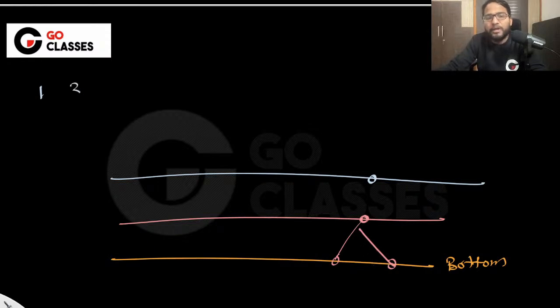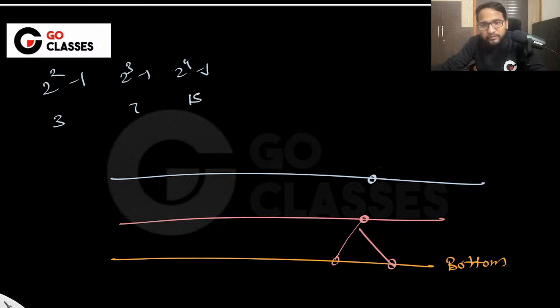So 1, 3, and then 2 power 2 minus 1, 2 power 3 minus 1, 2 power 4 minus 1, something like this, right? 3, 7, and then 15. So if I put the seventh largest here, then these are the total three elements, so I just need two more elements which are greater than this. I do have two more elements which are greater than this, so that's why I can put it here, right?